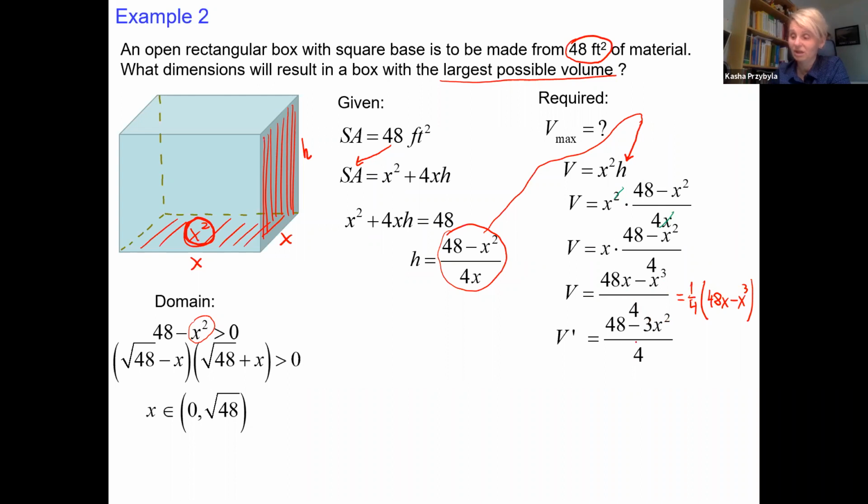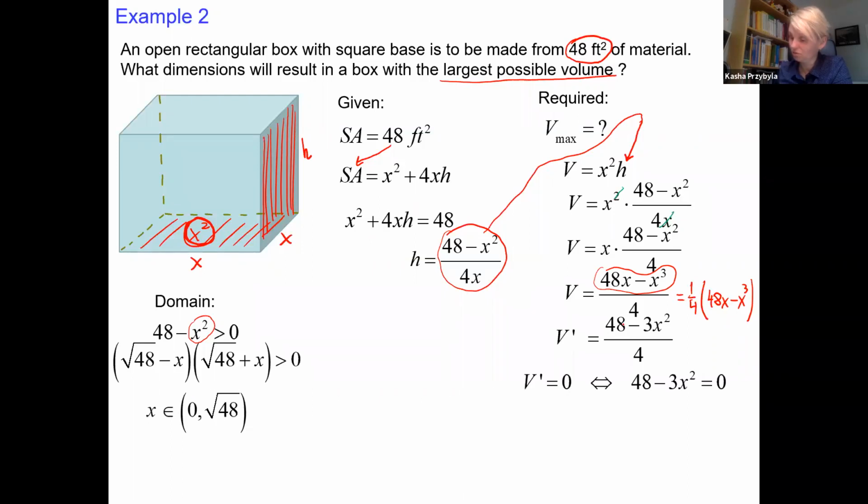Okay? I hope this makes sense. And I still put the fraction, the quotient form, but we can see it's just 1/4, which means only the derivative of this part. And since there is no x in the denominator, we will not consider it; the derivative is defined wherever the function is defined.